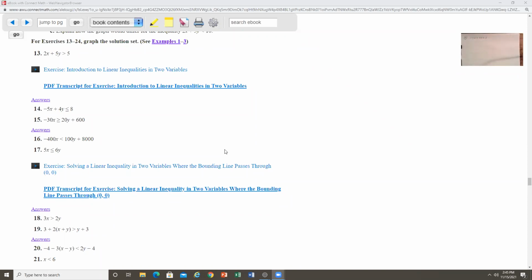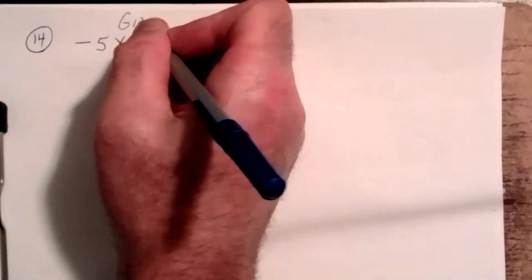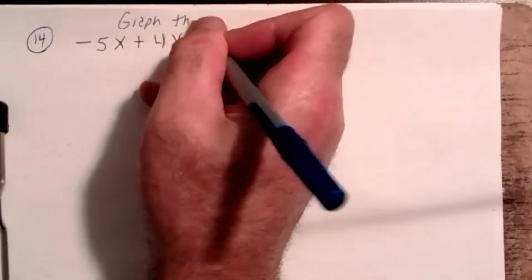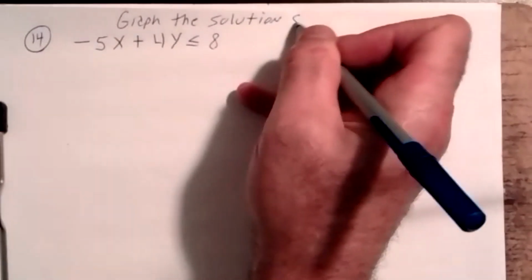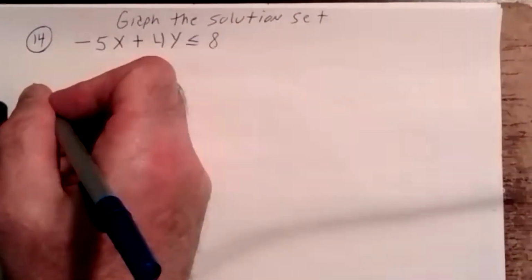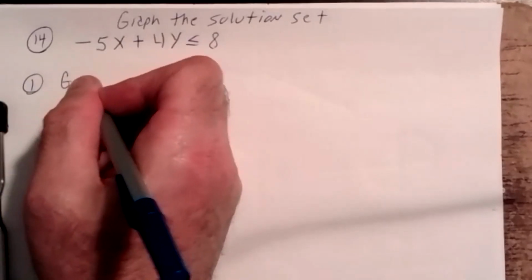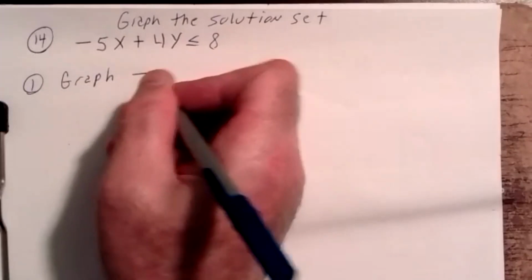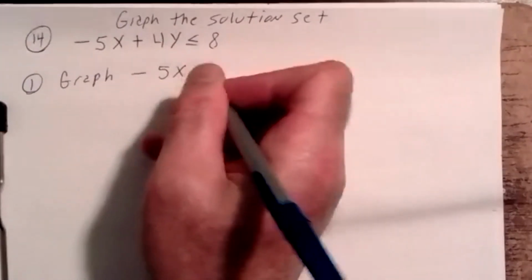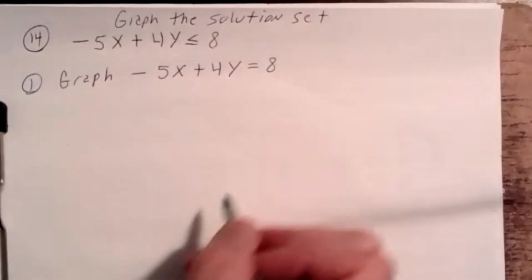So step number 1, we need to graph the associated equation by replacing the inequality with the equal sign. We need to graph this linear equation first.